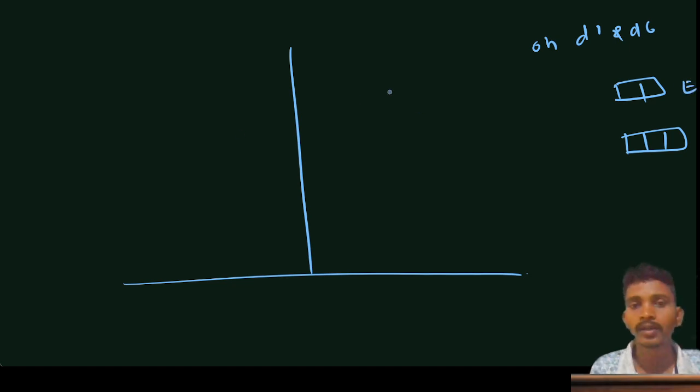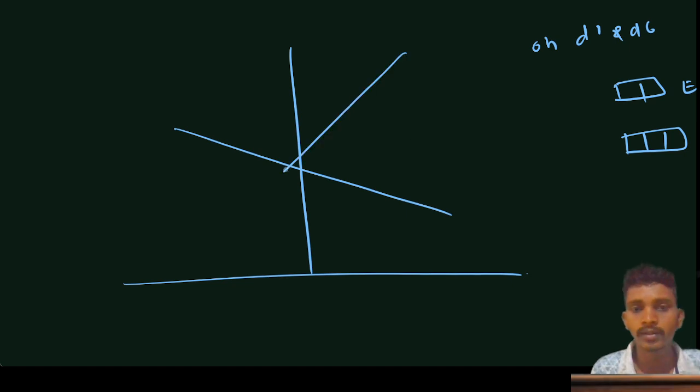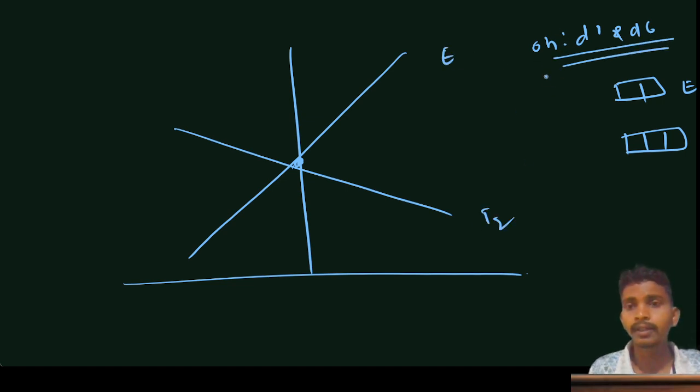This is the octahedral case. We do it like this, and this is T2 and E. This is D1 and D6 octahedral, and tetrahedral will be D9 and D4.